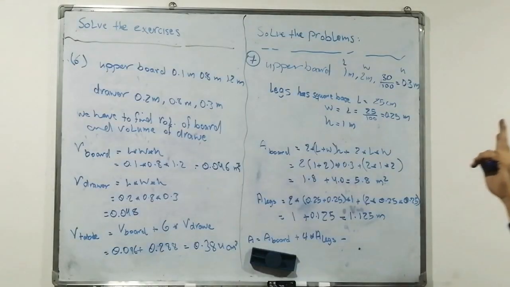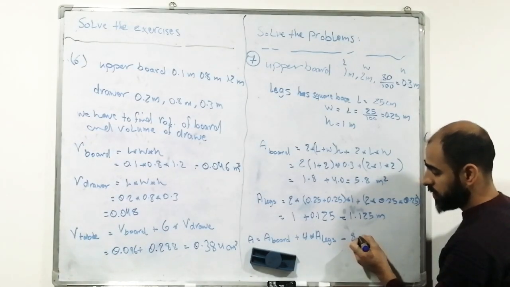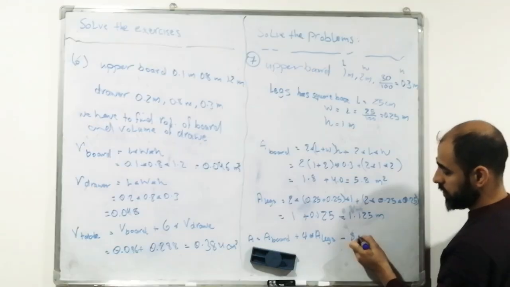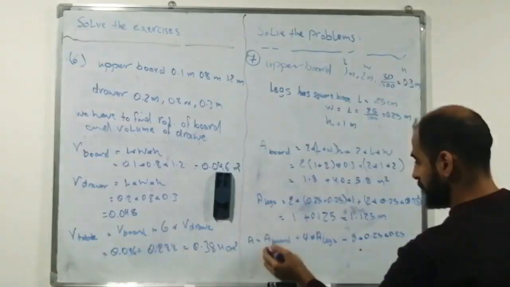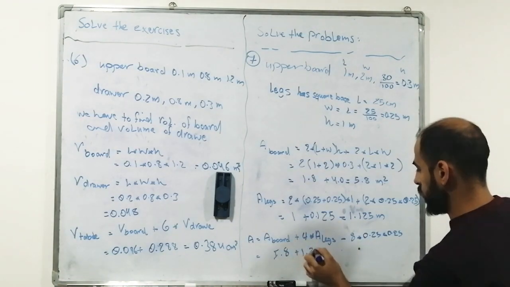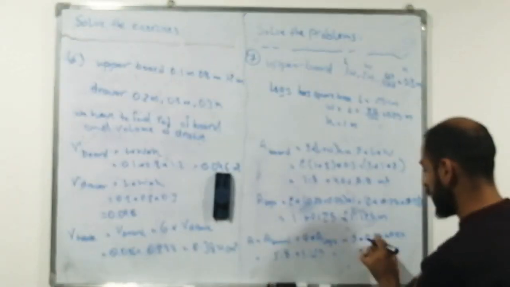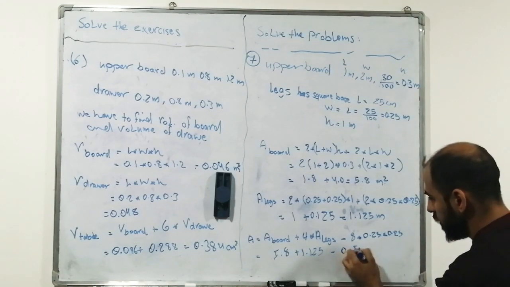For the first leg we have 2 common faces, and the second leg also has 2 common faces, the third leg also 2, and the fourth leg also 2 common square faces. Then we have minus 8 by the square base, which is 0.25 multiplying by 0.25, which equals 0.5.